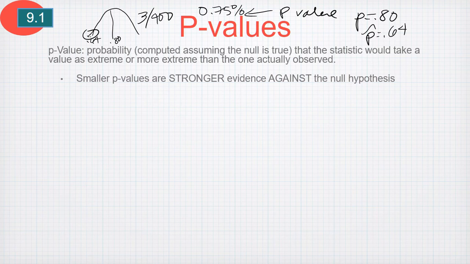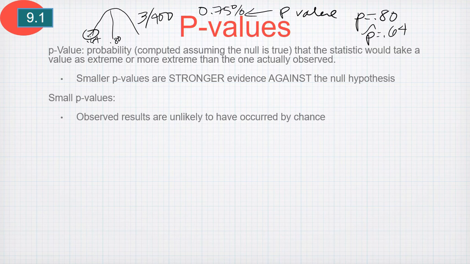Okay, so smaller p-values are stronger evidence against the null hypothesis, right? So let's say our p-values are really, really small. If that is the case, then the observed results are unlikely to have occurred by chance.